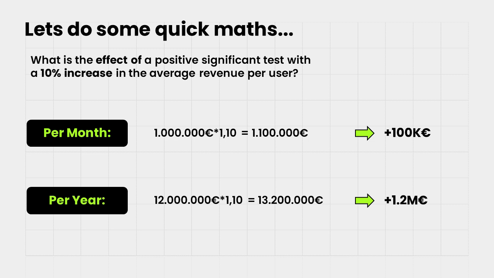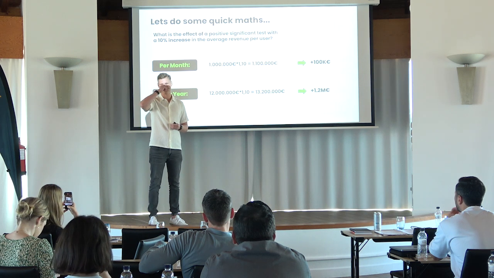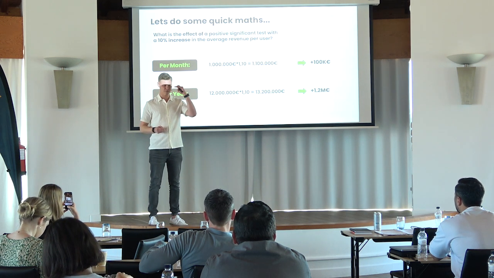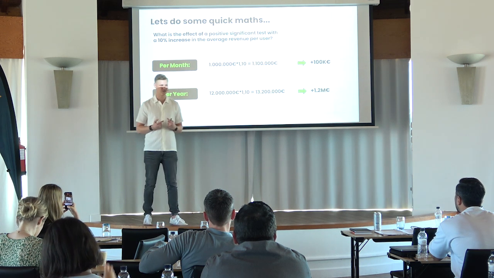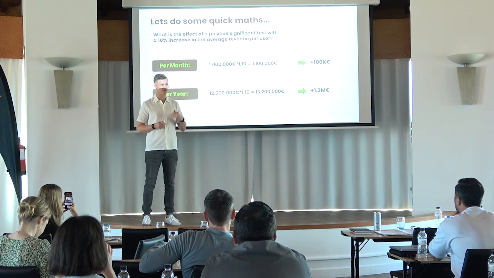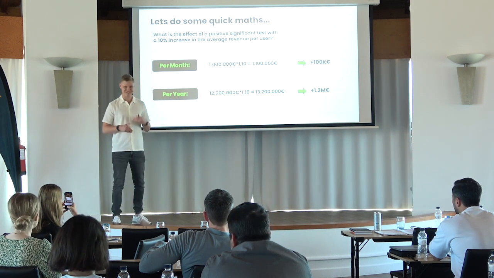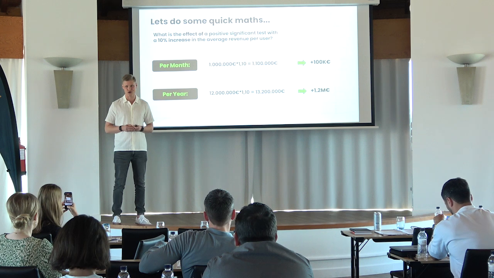To be honest, I'm a fan of numbers. I'm a fan of the numbers game, and I put a quick calculation here. If we have a shop that makes, let's say, 1 million euros in revenue each month, and we make a really successful A/B test that increases the average revenue per user by 10%, 10% actually is not that much, but still, this brings you 100,000 euros extra each month without any additional cost.